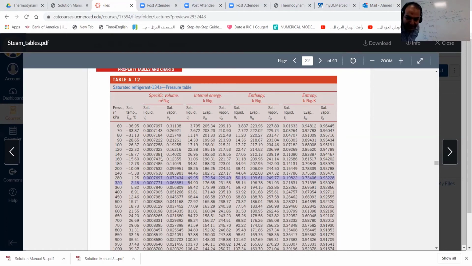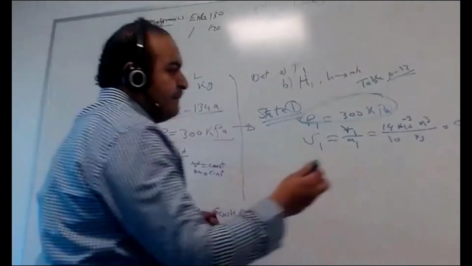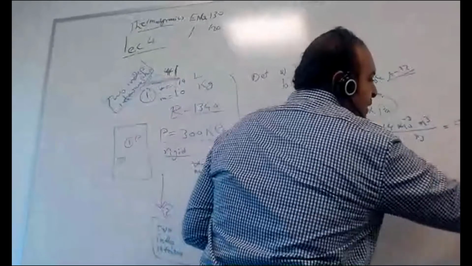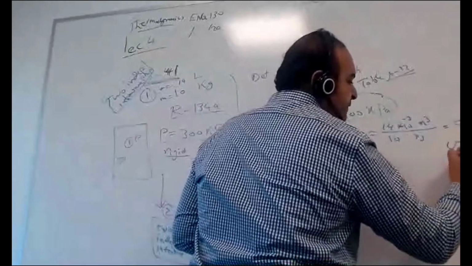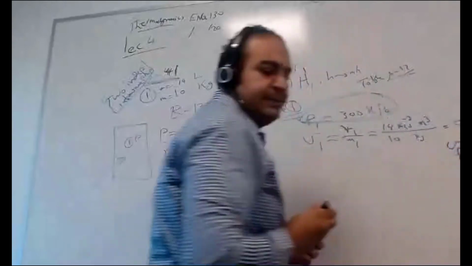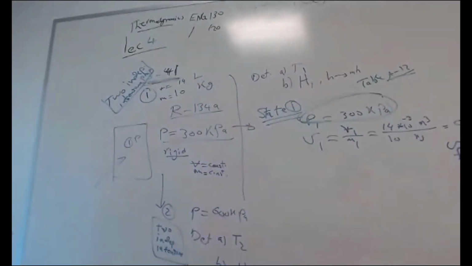So from this data, as you can see here, your specific volume is in between this value. It's 0.00076, 0.000, 0.06, 0.07. So it means your case is in between Vf and Vg. So you are what, guys?